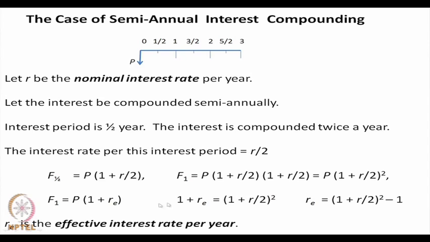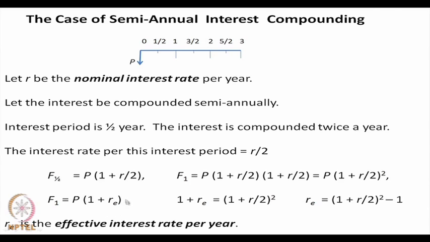So, what is the equivalent interest rate, which we call the effective interest rate? Let that be RE. In this way, where we are calculating compounding twice a year, the amount comes to P multiplication 1 plus R by 2 whole square. Whereas, the effective interest rate, suppose it is RE, then it would be equal to P into 1 plus RE.